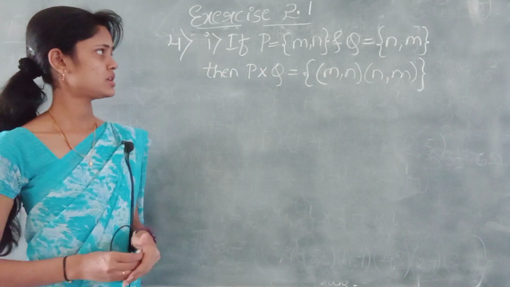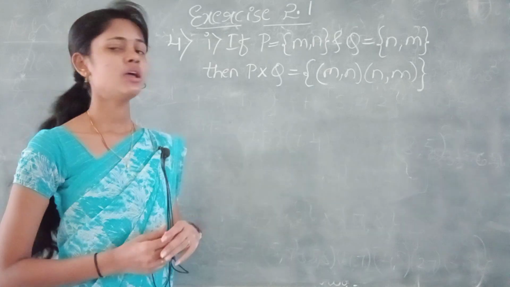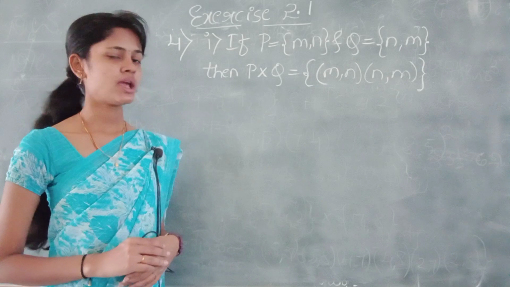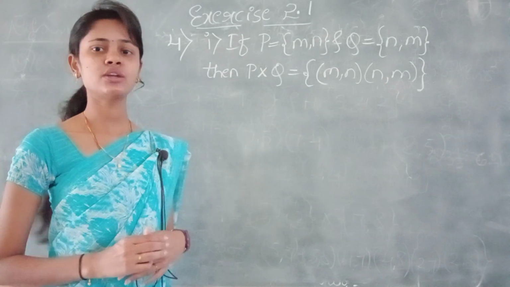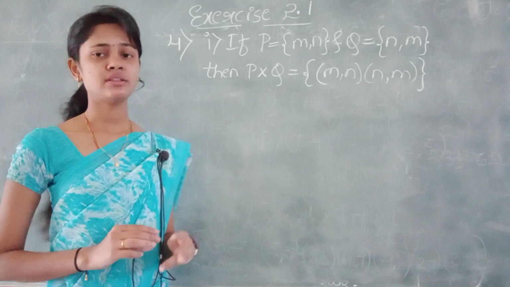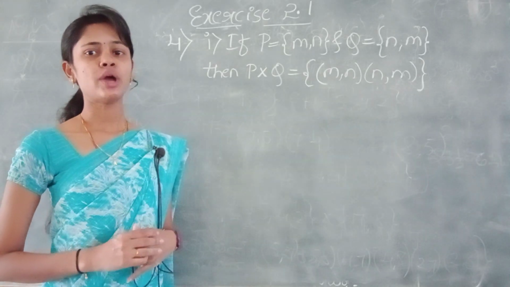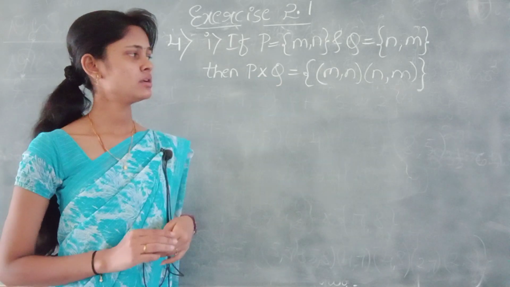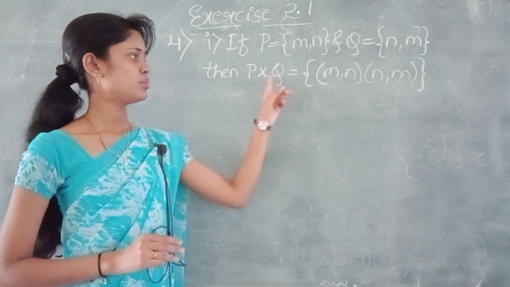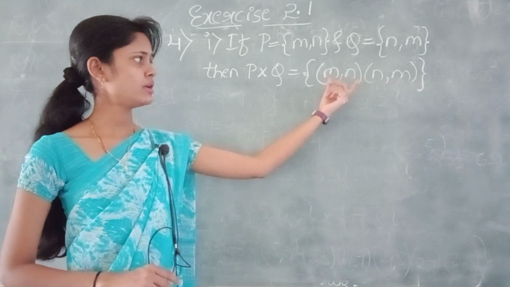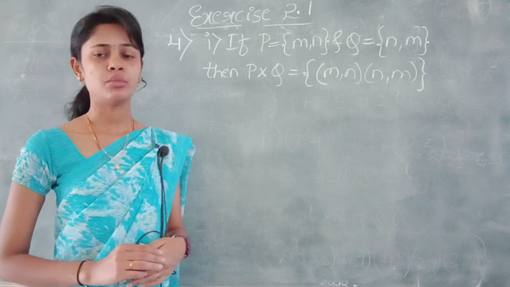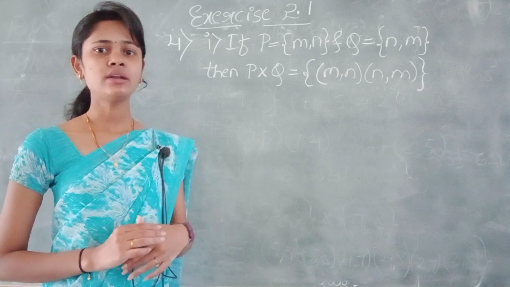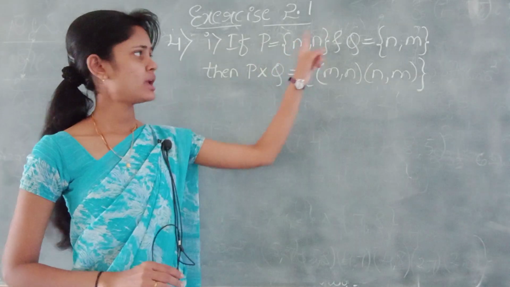The first question is: if P is equals to M cross N, P is a set, and M comma N are the elements in set P, and Q is equals to N comma M, that is Q is another set and N and M are two elements in Q, then P cross Q is equals to M comma N and N comma M, that is P cross Q is equals to an ordered pair M comma N and N comma M. So here whether it is correct or not, you should be knowing that here is one ordered pair and another ordered pair.